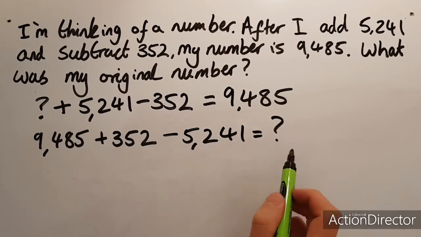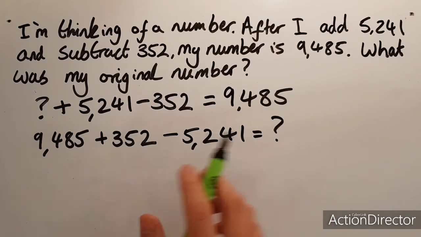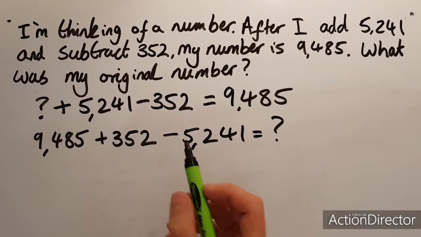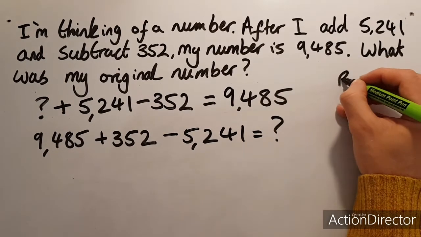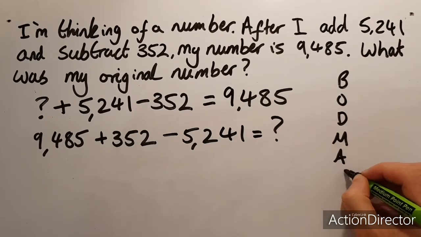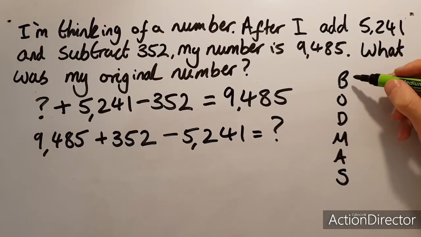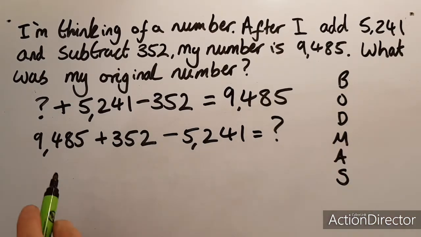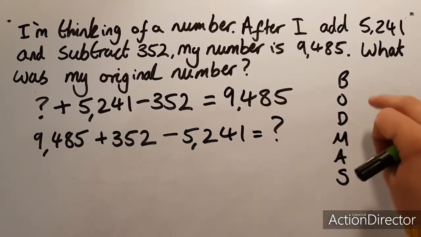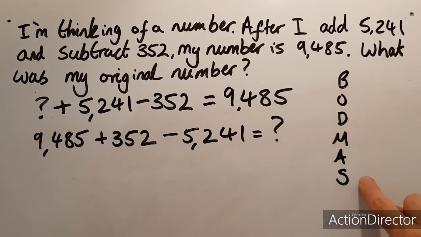Okay, now just before we start tackling this calculation, now I've done the inverse, I've noticed that in this number sentence I have both addition and subtraction. So I'm going to write on the side here a well-known phrase, BODMAS. If you haven't heard of it, this is something you will need to remember when you're looking at calculations with more than one operation within the same number sentence. BODMAS gives you the order of when to do the operations.